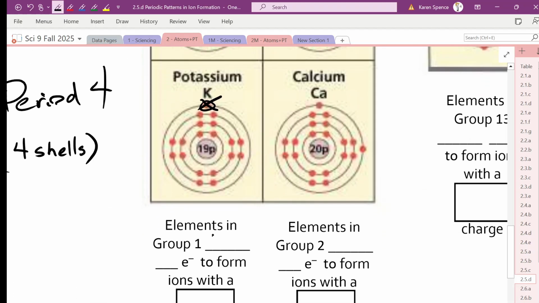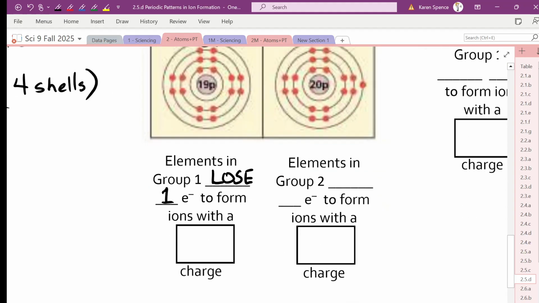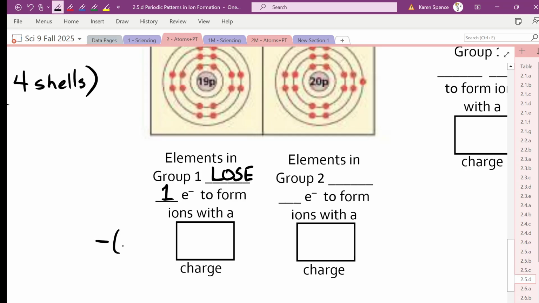So elements in group 1 lose how many electrons? 1 electron. And if you lose 1 electron, that's like taking away a -1. What do you end up with? +1. So everybody in group 1, when it forms an ion, will form an ion with a +1 charge. Group 1, +1.